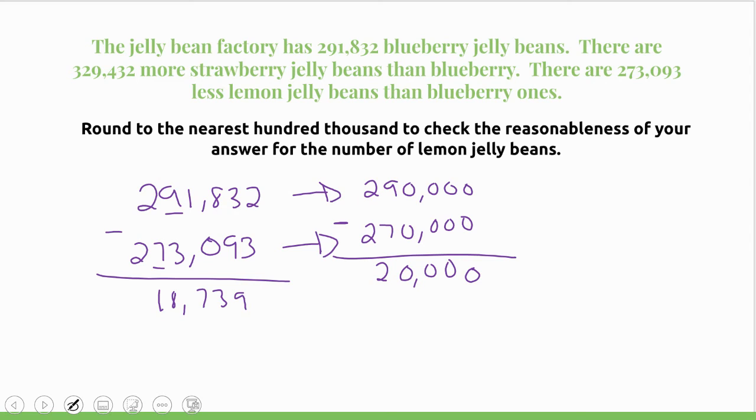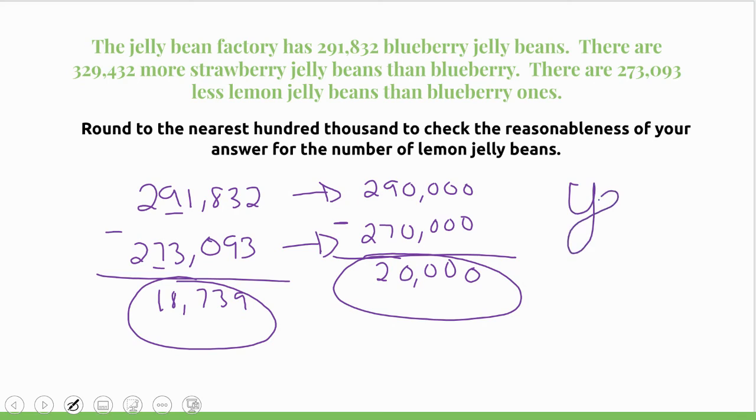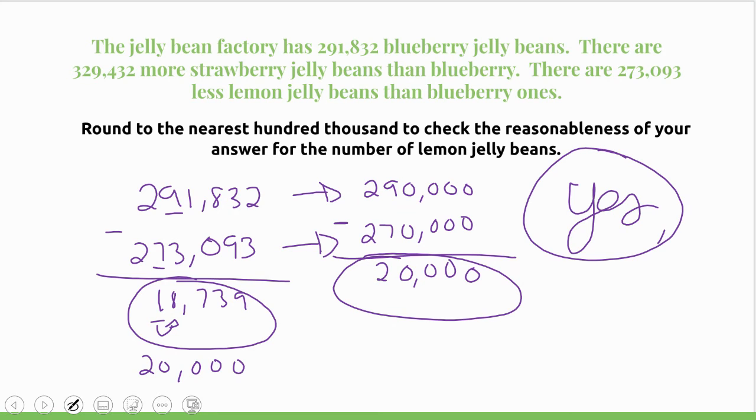So my question is, is 18,000 a reasonable answer when 20,000 is the estimate I got? And I'm going to say yes, because this 18,000, if I rounded that to the nearest 10,000, would round up to 20,000. And 20,000 is really close to 18,739. So yes, my answer is reasonable.